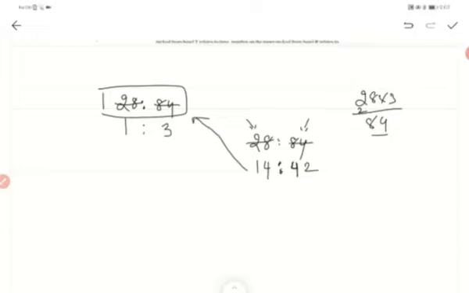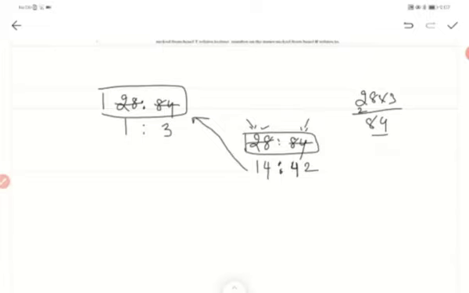Whenever you cut them with certain numbers by dividing, we have divided here with 2, both antecedent and consequent, and we have come up with the ratio 14 is to 42.